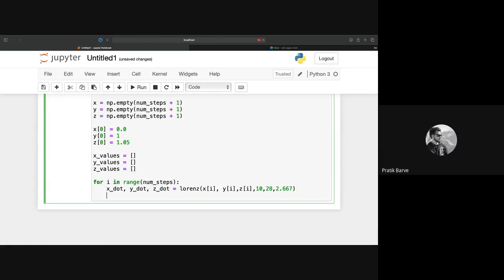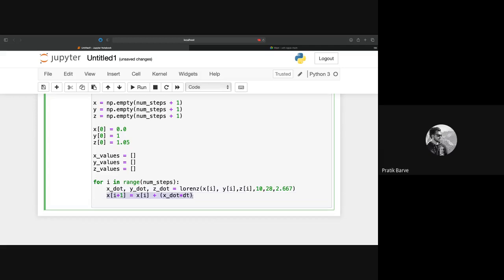Now the next step is to iterate over them. So it will go to the next index, that is x1, and it will put the initial. So this will be x0 plus whatever the x dot value is into dt. Similar thing for y and z.